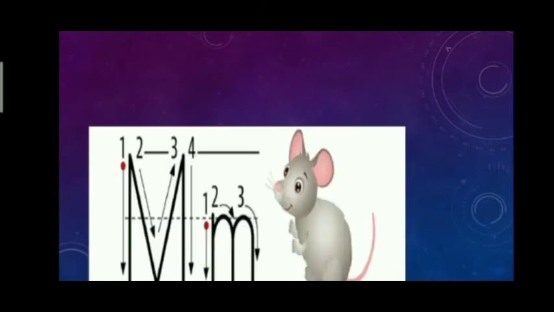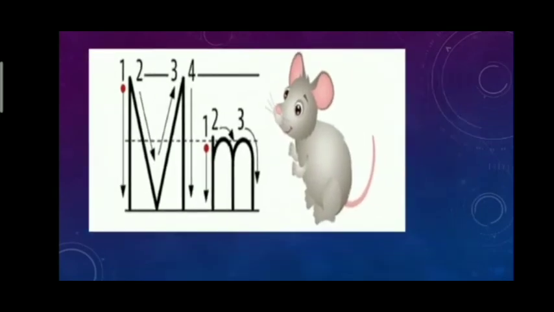Next letter is M. Starting with the red dot, capital M, standing line, slanting line, then again slanting line, then again standing line.